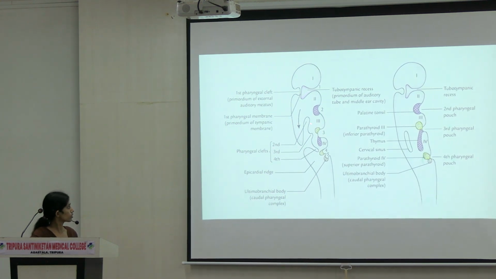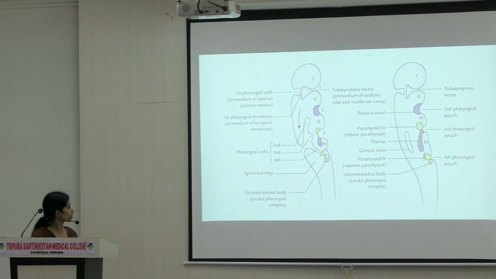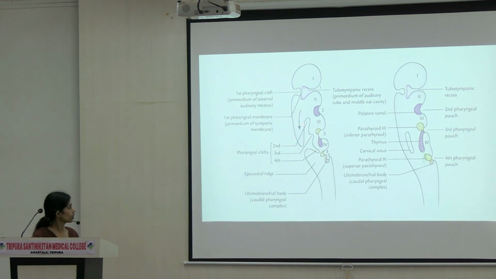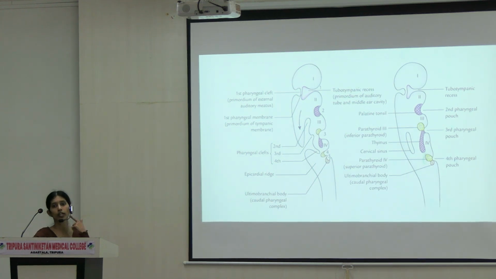These are the clefts. This is the second cleft, third cleft and fourth cleft, which are going to close later. And this extended part you are seeing is nothing but your platysma, which is moving towards your neck region, and it is present along with which muscle? Sternocleidomastoid muscle, okay.